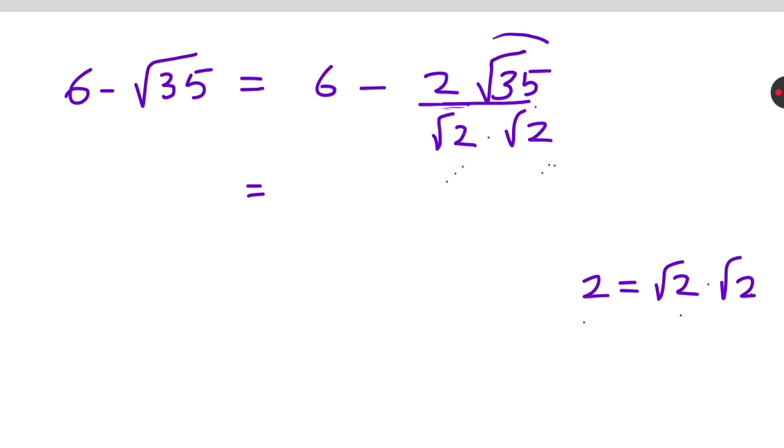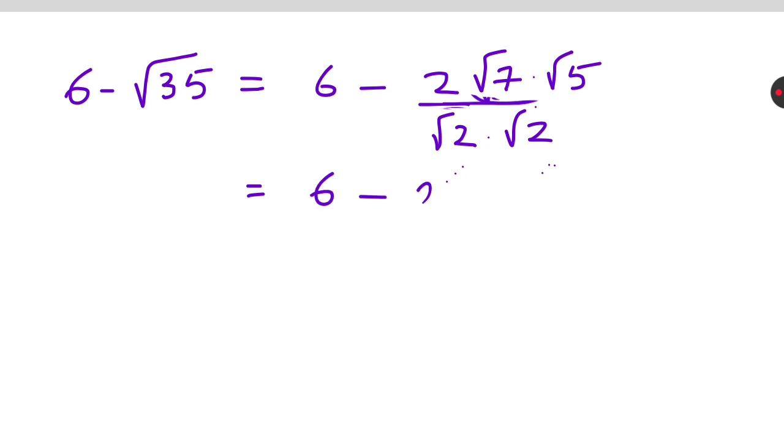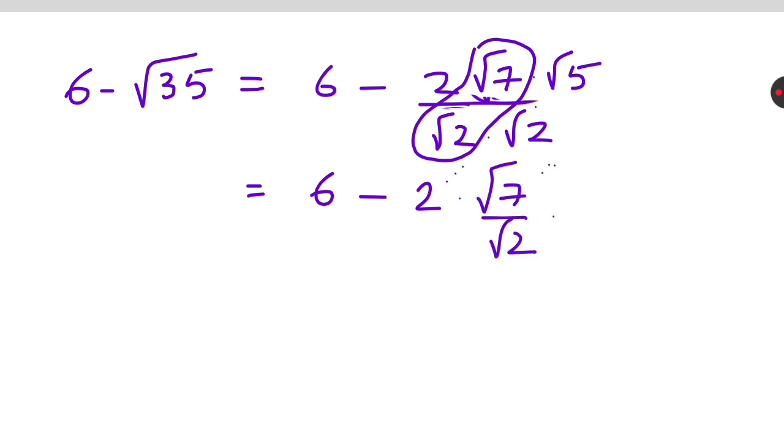So now observe the numerator 35. 35 also, we can write as 7 times 5, which is 35, isn't it? So let's write the numerator as root 7 times root 5. Now suppose you take square root of 7 over square root of 2 as one term, then square root of 5 over square root of 2 as one term.